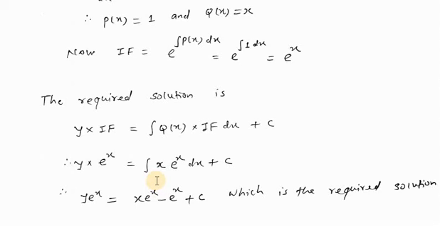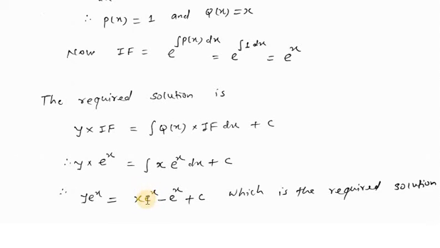I will explain how with the help of Bernoulli formula. For Bernoulli formula, what you have to do, you have to put down this x as it is, and derivative of x is 1. Then after you have to integrate e raised to x. So integration of e raised to x is e raised to x.